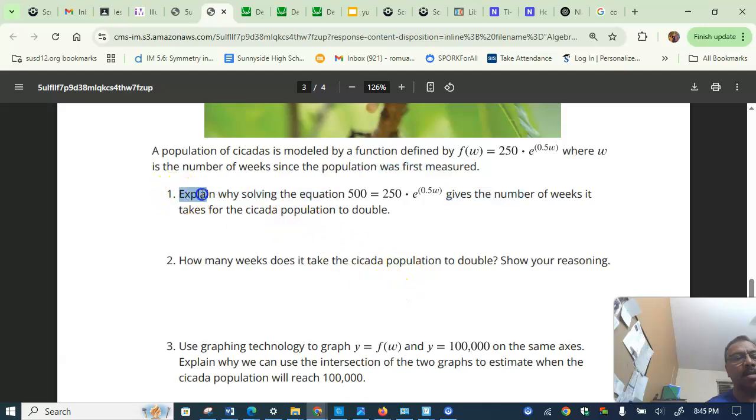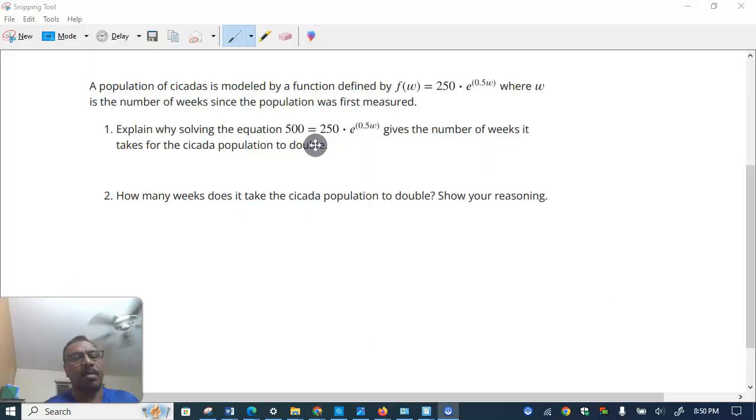The first question: explain why solving this gives the number of weeks it takes for the cicada population to double. So we need to know why, just by looking at the equation. What you notice is this f(w), which stands for the cicada population.